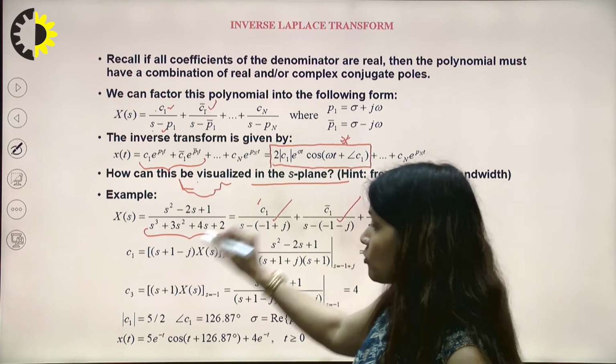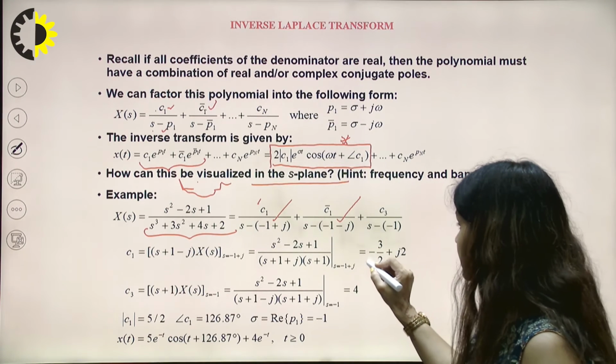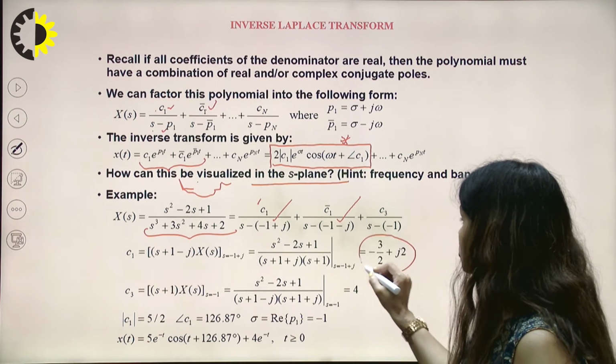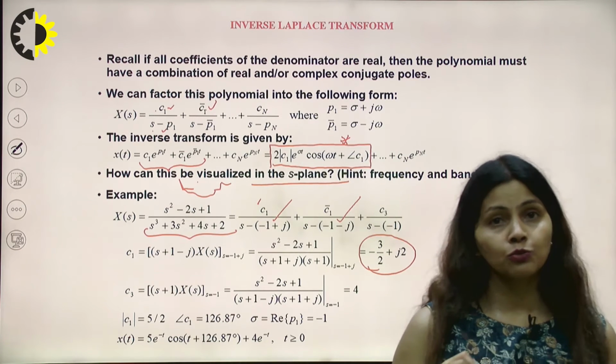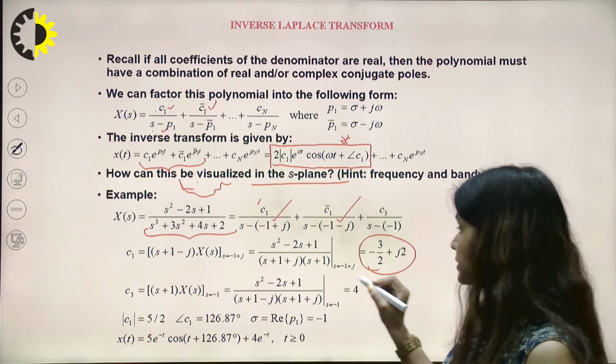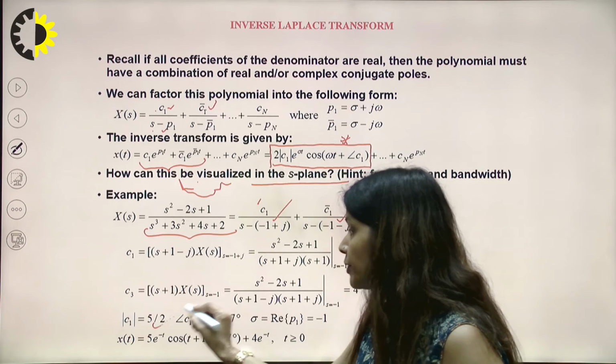Now I need to calculate the mod of C1. Since I know that it is occurring in the conjugate form, I will calculate the mod of this: square root of (-3 by 2) square plus 2 square, and hence I will calculate the value of the mod of C1 and that comes out to be 5 by 2.